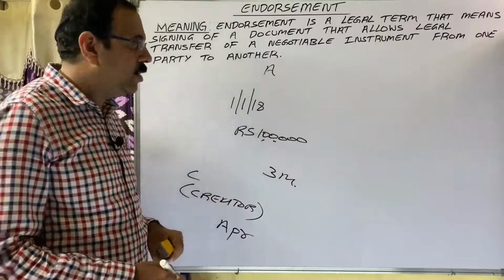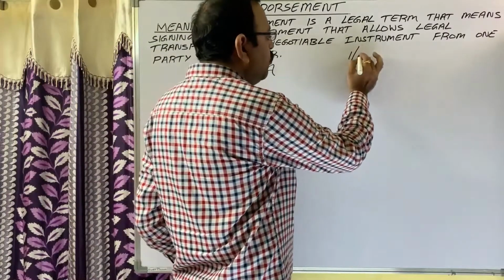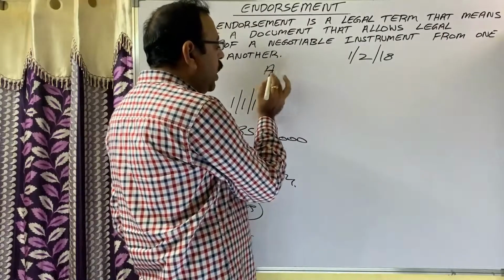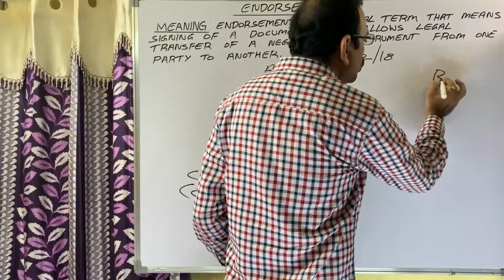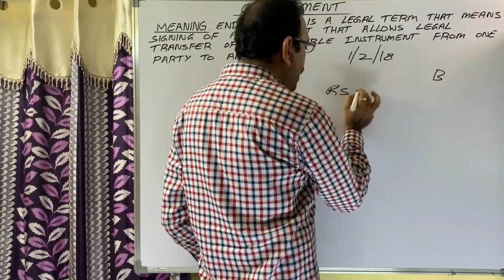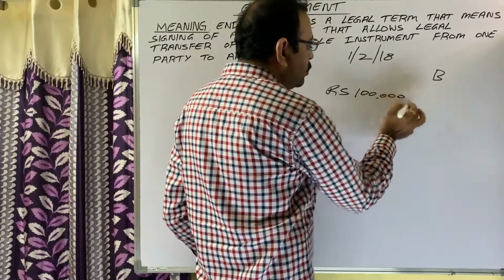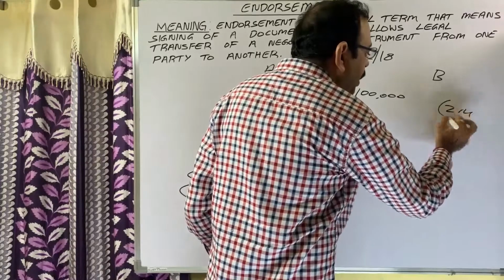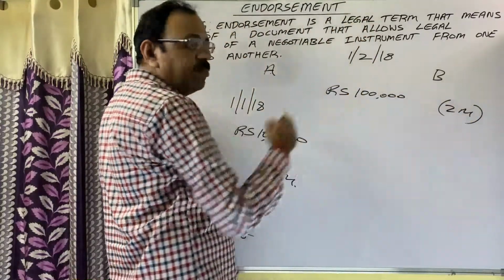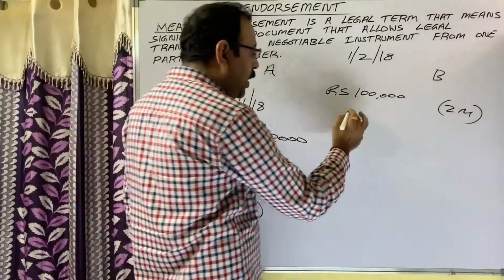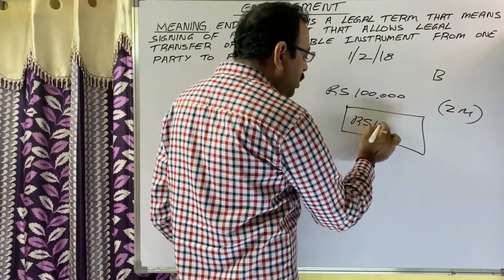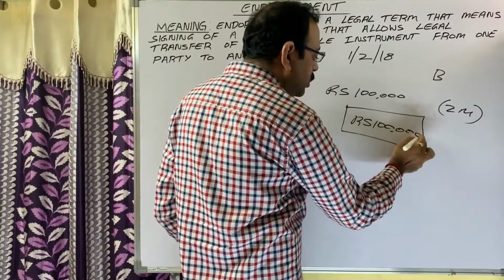On the other hand, on 1st February 2018, assume A sold goods to B for 1 lakh rupees. B requested a 2 months credit period. A accepted and prepared a bill of exchange for this 1 lakh rupees.